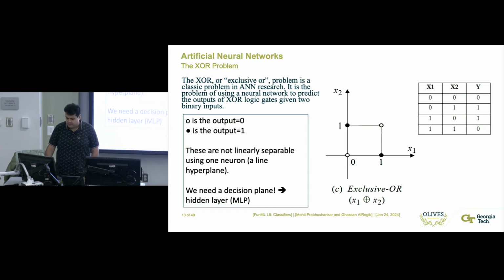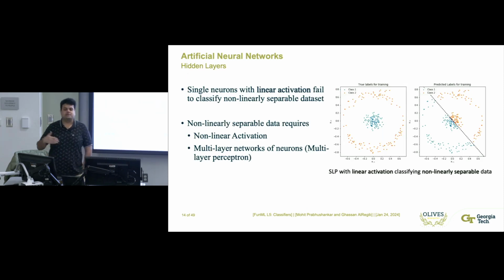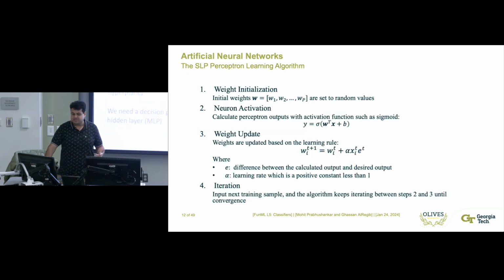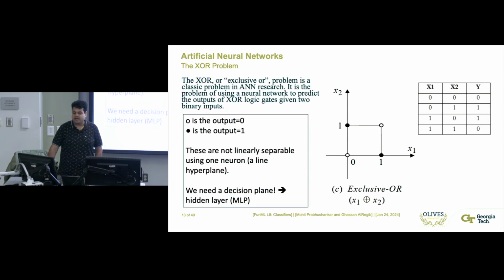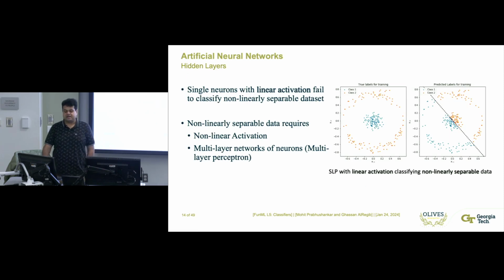So how do we change our perceptron, not just perceptron but SLP, which is single layer perceptron, in order to be able to solve this XOR problem? The answer is two things.